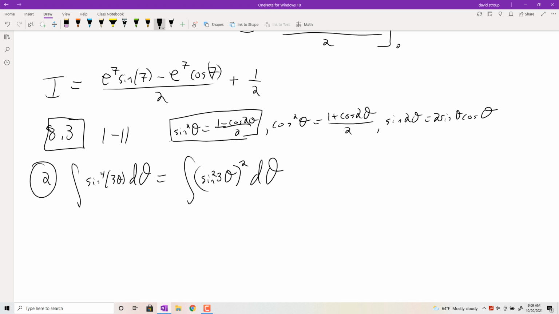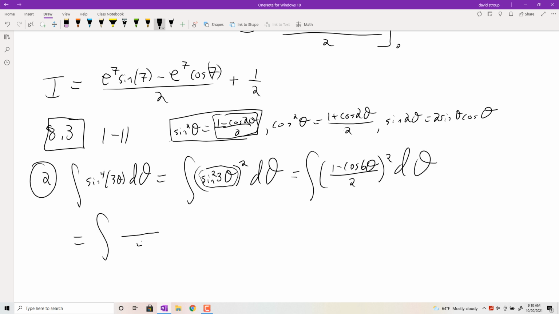So I'm going to replace this inside with 1 minus cosine of the double of the angle. So I'm going to get 1 minus cosine of 6 theta, since you have to multiply the 3 theta by 2, all over 2 squared d theta. Then I've got to FOIL out the numerator. The bottom would be 4.